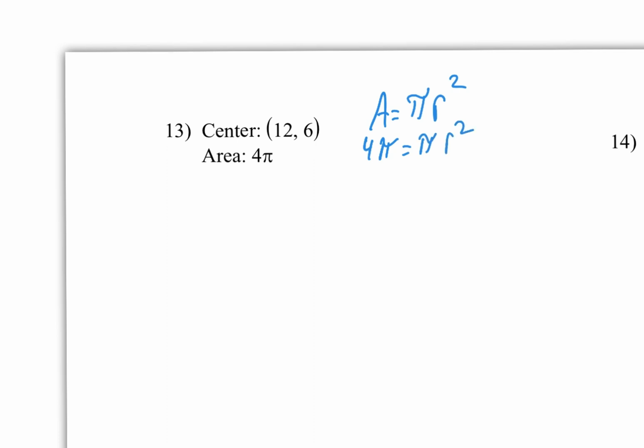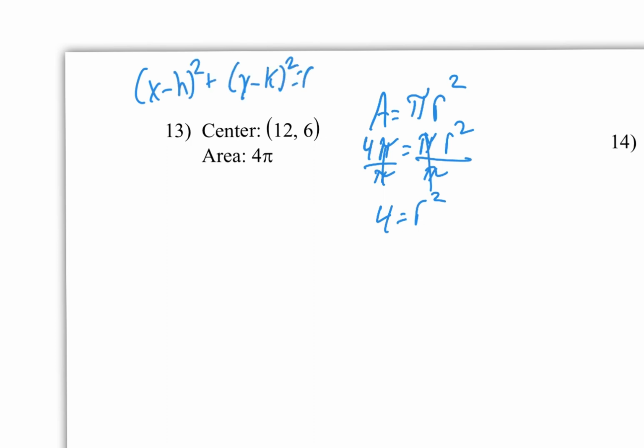Divide by pi, right? So if I divide by pi, I've got 4 is equal to r squared. Is there any sense in taking the square root of it? No, because remember our formula is (x − h)² + (y − k)² = r².